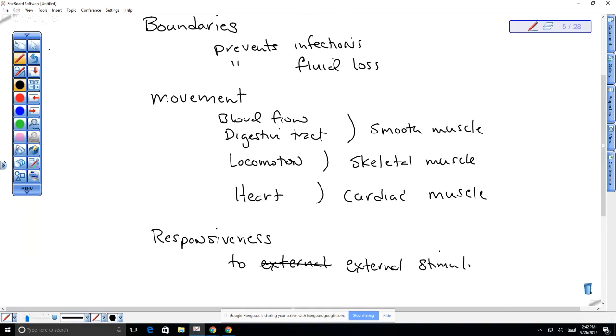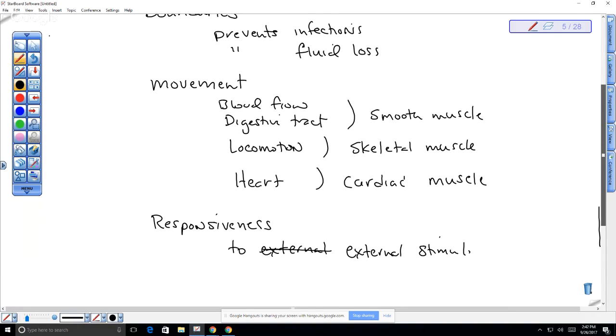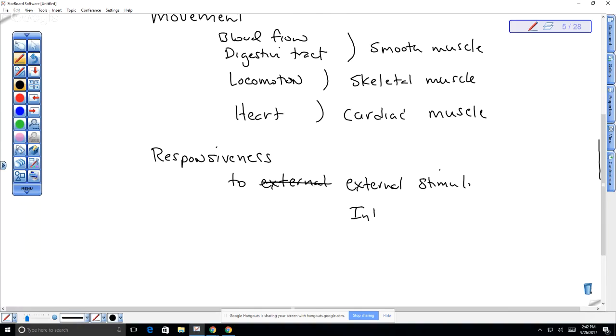But what about heart rate? So we have internal stimuli. Why does the heart rate increase when we exercise? Right. So if you use up oxygen and you produce carbon dioxide, so if I'm exercising, I'm producing lots of carbon dioxide, and the carbon dioxide is going to build up in my blood.